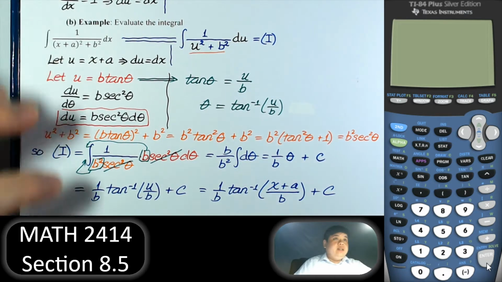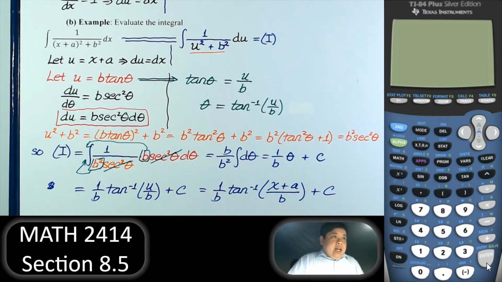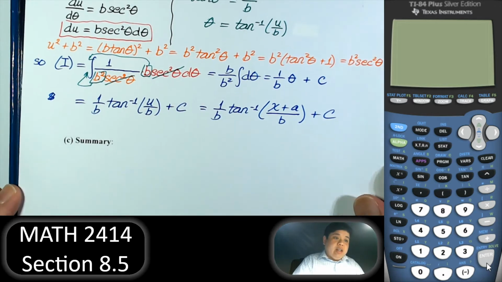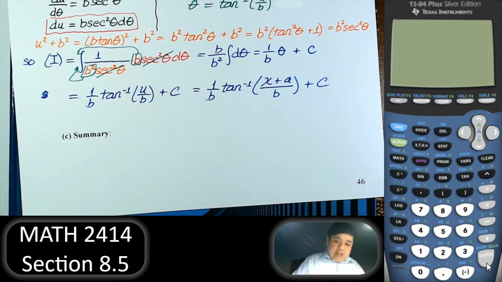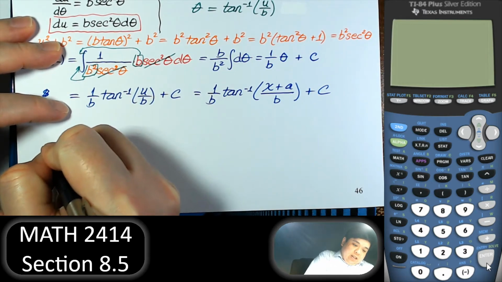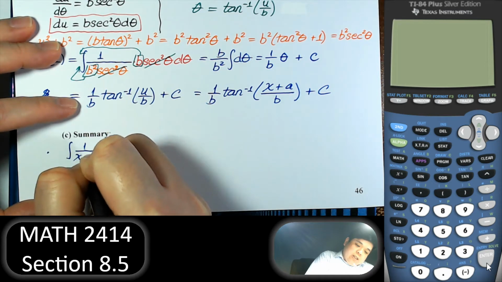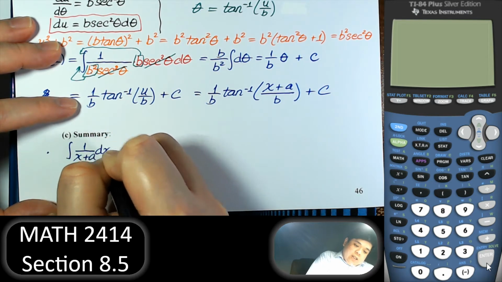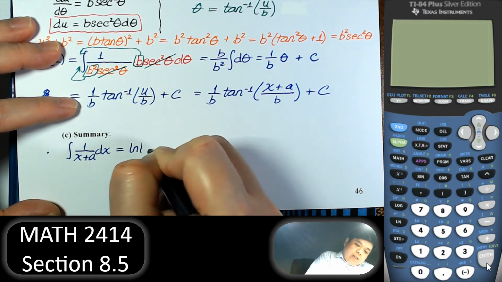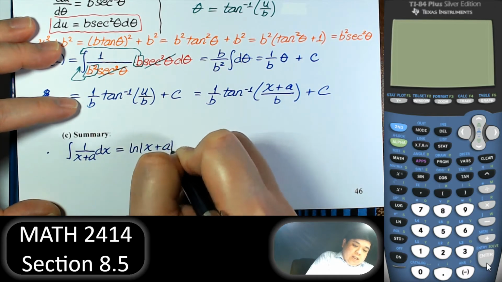plus c. Right. So potentially we see a bunch of factors like that, and so I'm just going to write in summary, if we have the integral of 1 over x plus a dx, it is going to be ln of x plus a plus c.